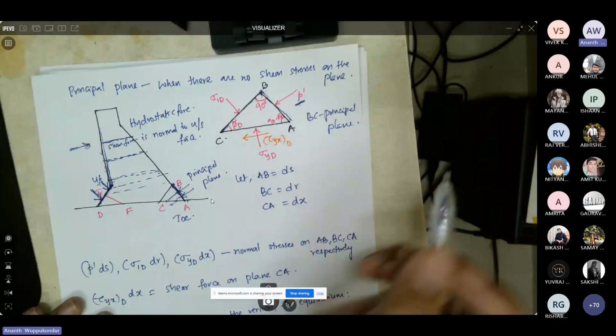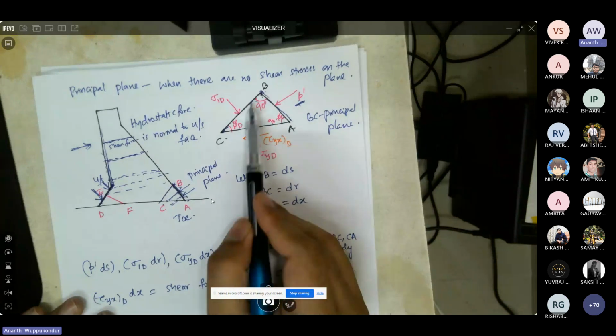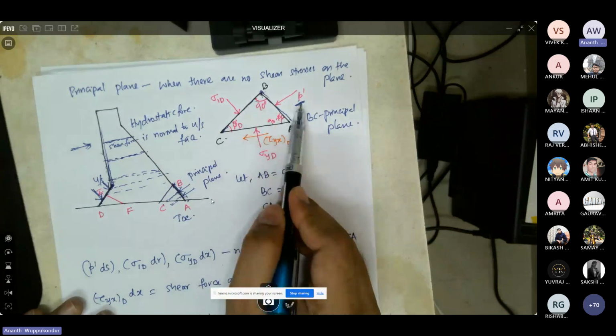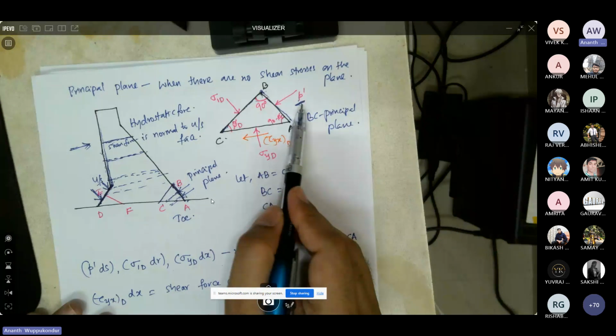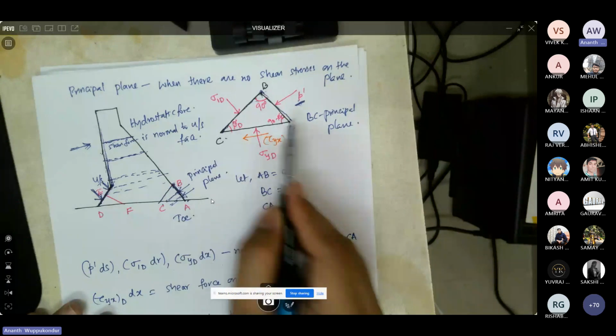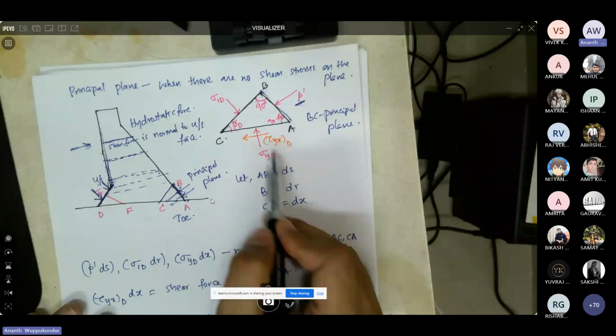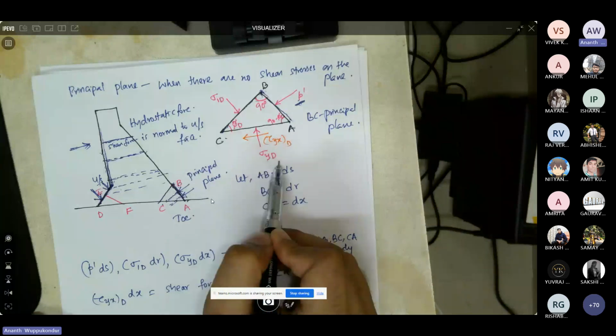So you have principal planes AB and BC, and the corresponding normal stresses acting on AB and BC are P dash and sigma 1D. And you have the base of the dam, which is AC. AC also has a normal stress, which is sigma YD. So sigma YD is the total normal stress we calculated earlier.